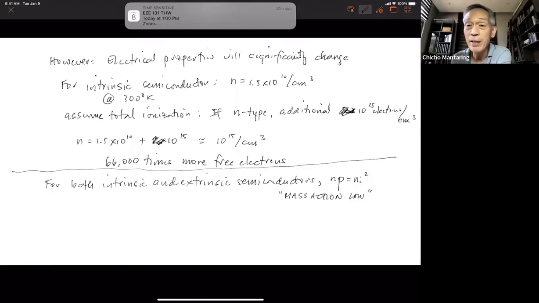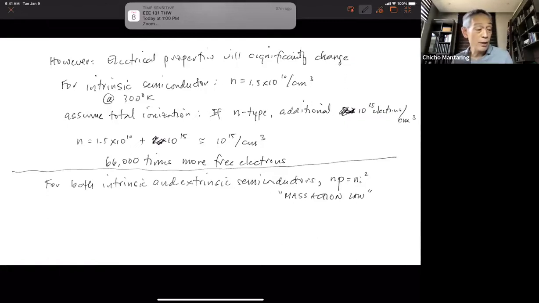And it just so happens that the decrease in the number of holes will compensate for the increase in the number of electrons, so that the product of N and P will always be constant at Ni squared. We're not going to go through a derivation of that, so just take my word for it. If you're interested in a derivation, I think it's available in the references that we provided.